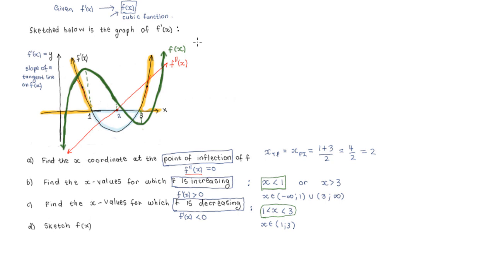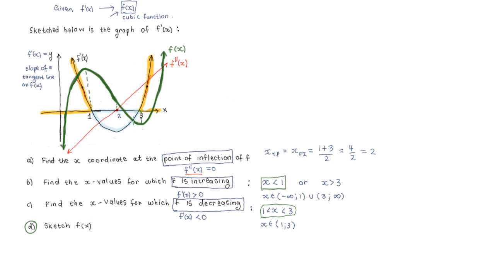So notice that when we sketched f of x in answering D, we were not worried about where f of x has x-intercepts or a y-intercept, because we're not given information that helps us to answer that.